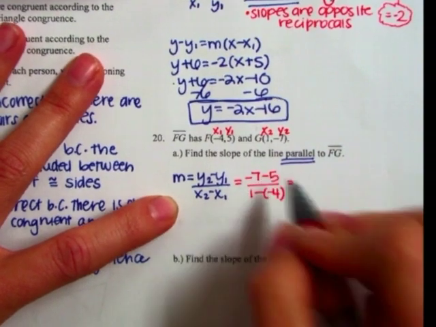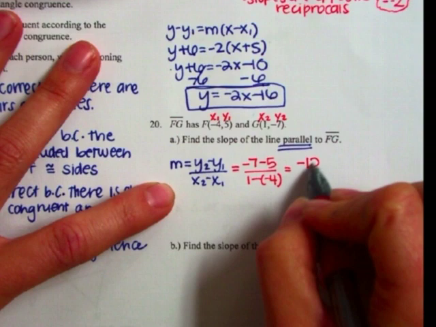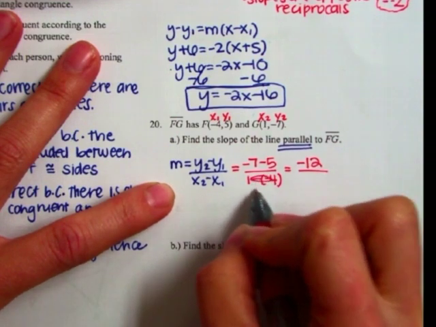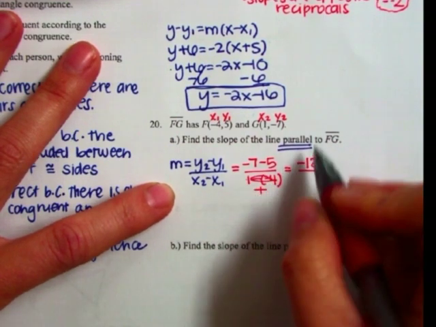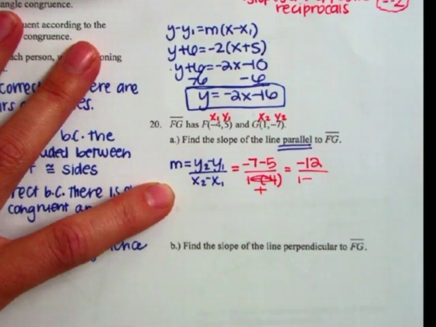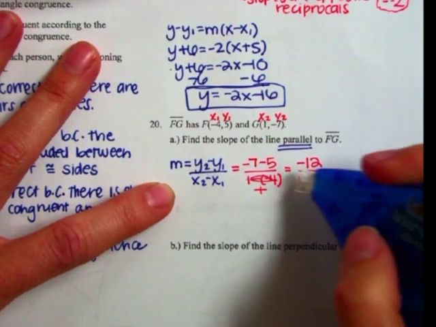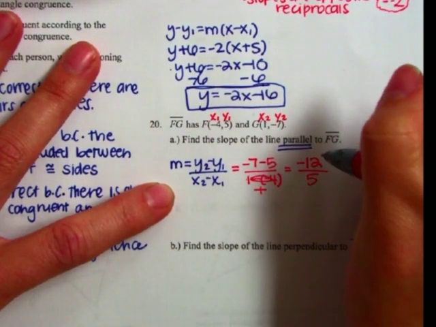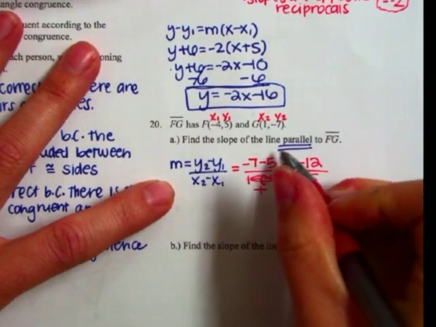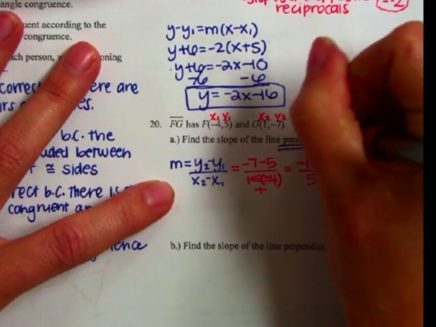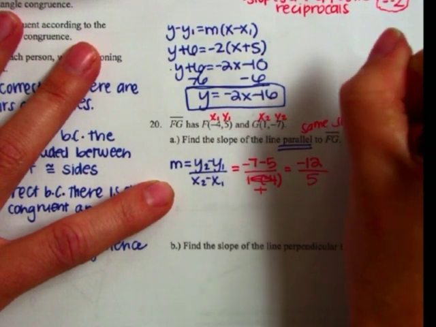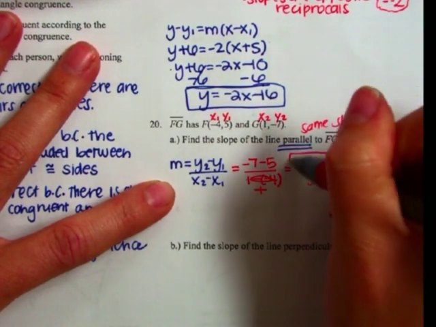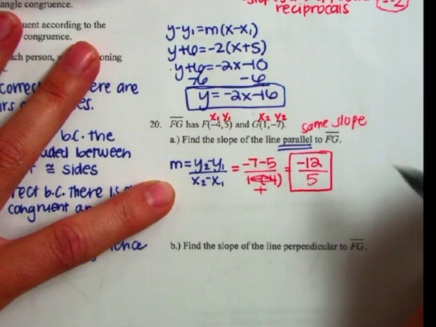So here on the numerator, same sign, add, keep the sign, -12. And on the denominator, that means 1 plus 4, which gives us 5. So -12 over 5 would be my slope for FG, and since they want the line parallel, we'll just use the same slope. So the slope must be -12 over 5.